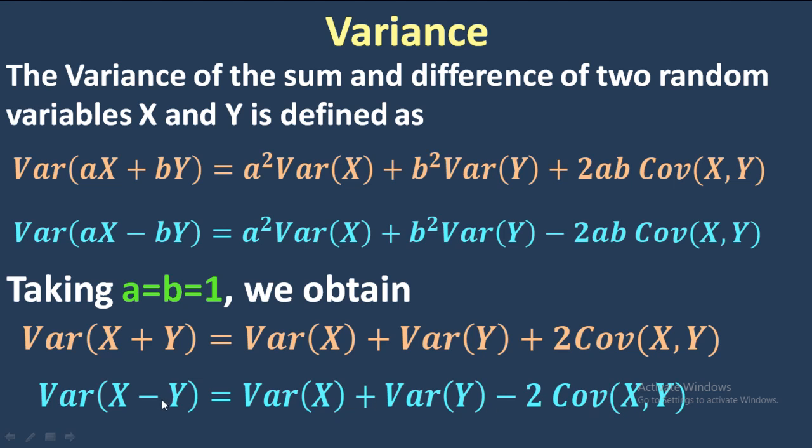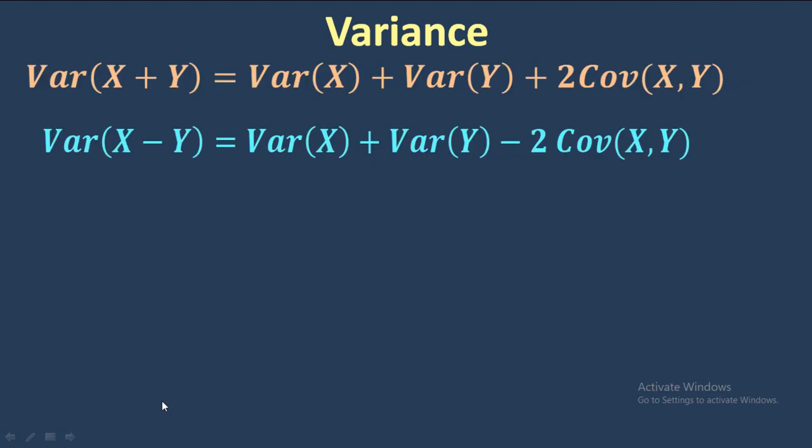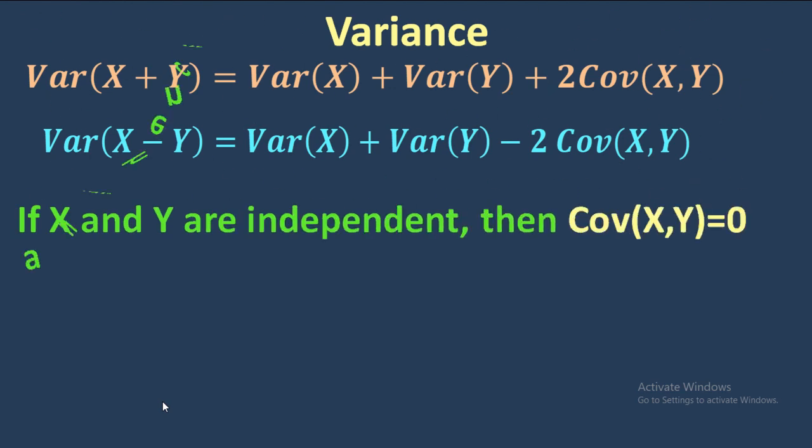Suppose the random variables x and y are independent, then the covariance will be equal to 0, just as we have observed in the previous slide. So if x and y are independent, then the covariance of x comma y is equal to 0. And hence what happens for these two definitions?